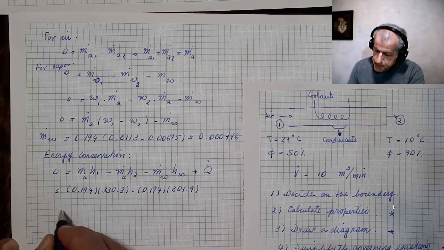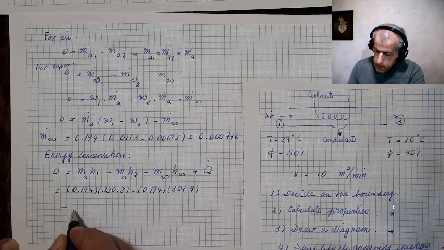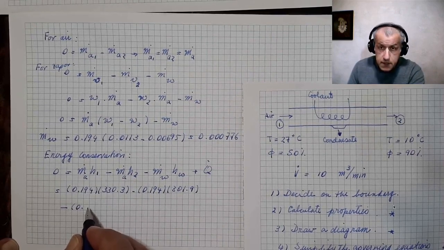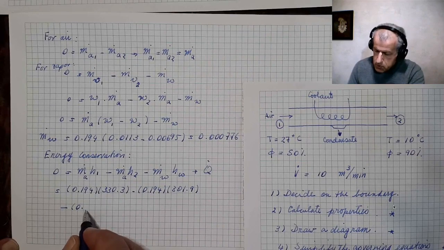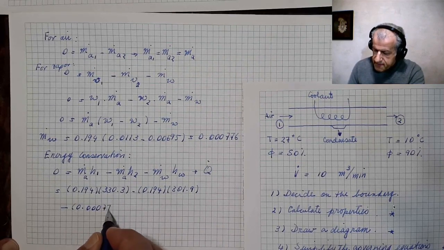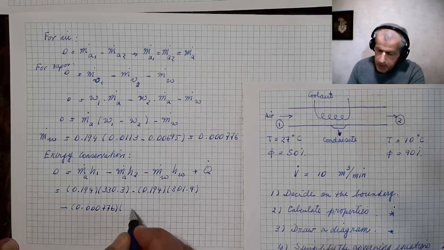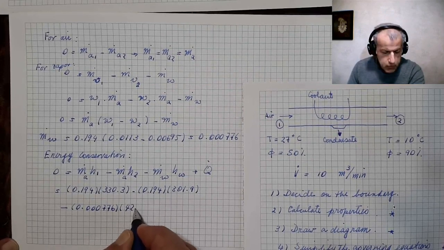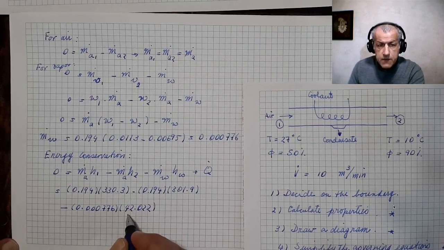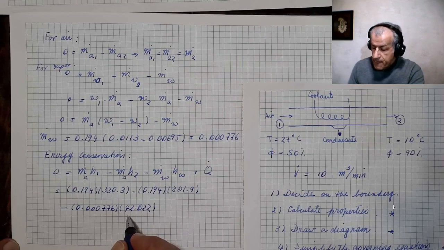minus the mass of the water condensate, which is 0.000776 times 42.022. Where did we get this value? This is the value of the condensate.